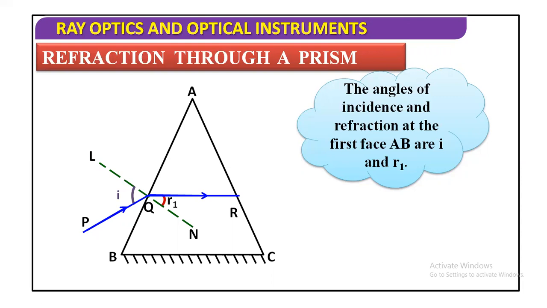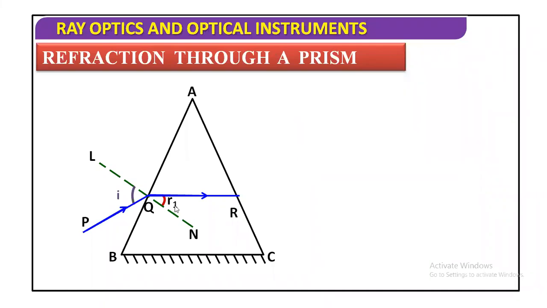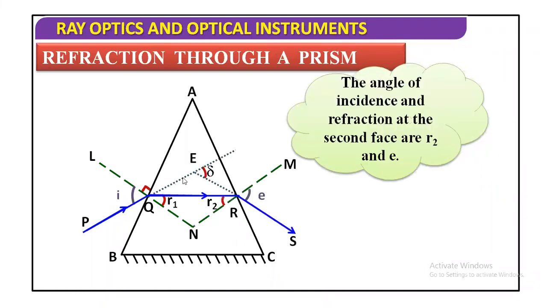Here this is our rarer medium and the prism is a denser medium, and we know that when light propagates from rarer medium to denser medium, then it will bend towards the normal. So the expected path of the light is this. If there is no prism in the path of light, then light should propagate through this path. But because of the presence of prism material, the light will bend and trace this path.